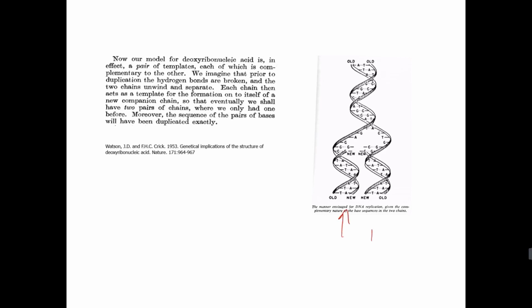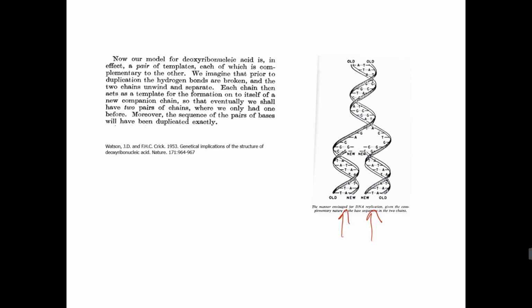So they unwind, and then we can get synthesis of a new daughter chain. The hydrogen bonds of the double helix have been disrupted, and a couple of new chains are laid down. This model is pretty elegant. It's pretty simple, which of course is always nice. Simpler is usually better, but it doesn't really begin to describe how this process could happen.